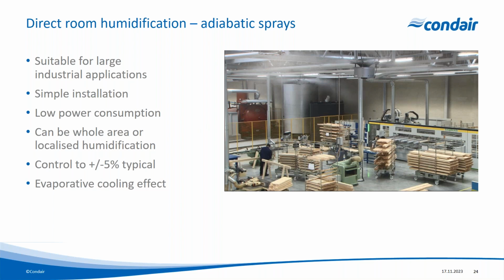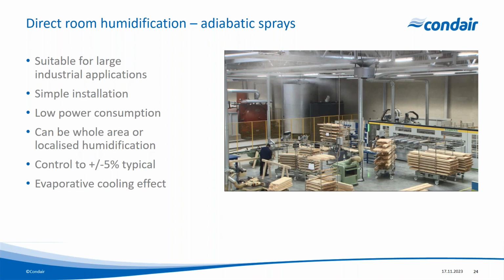Well, an adiabatic spray system is going to spray a fine mist of water into the air, and it's going to evaporate that water. So it's going to change the state of the liquid from a liquid into a gas. And whenever we change the state of a liquid from a liquid into a gas, that requires energy.